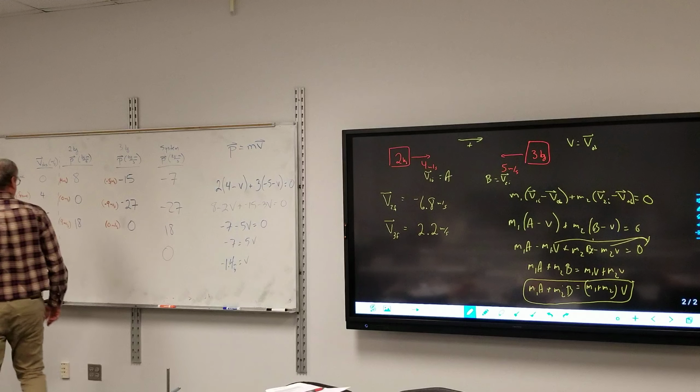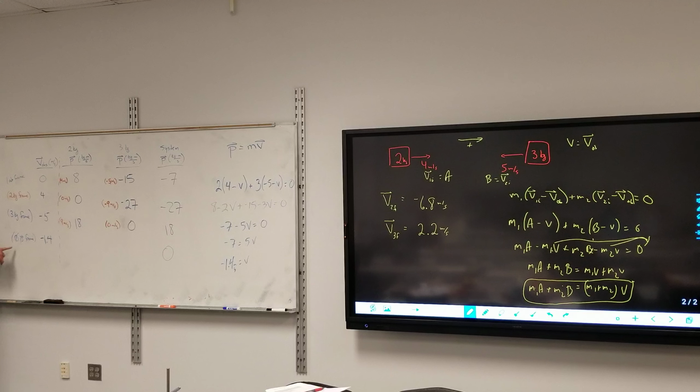All right, so to get into the zero momentum frame, as an observer, you need to be going negative 1.4 meters per second, which means 1.4 meters per second that way. So what is the velocity of the 2 kilogram mass in the zero momentum frame? Would it be negative 2.8 meters per second? Or no, it's 1.4, so 2.6.